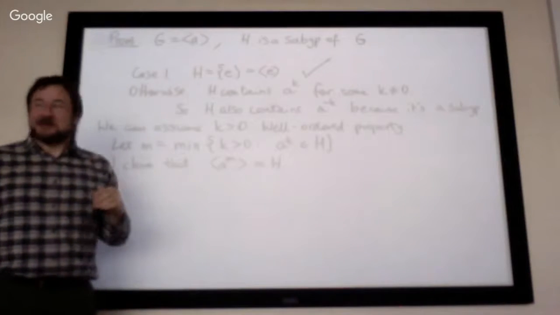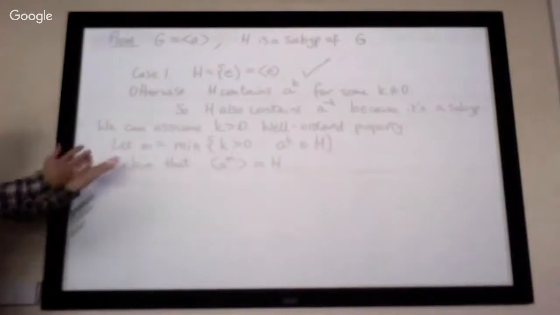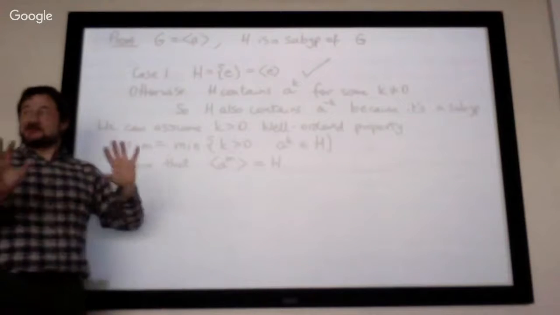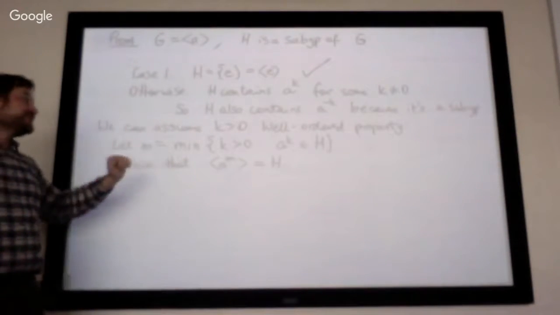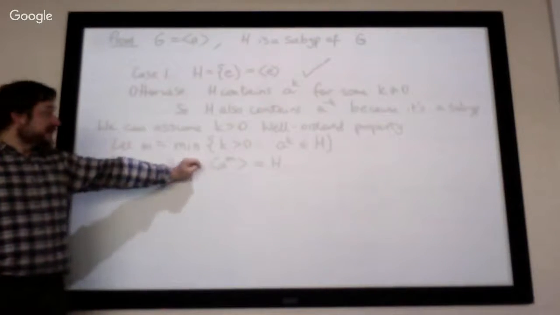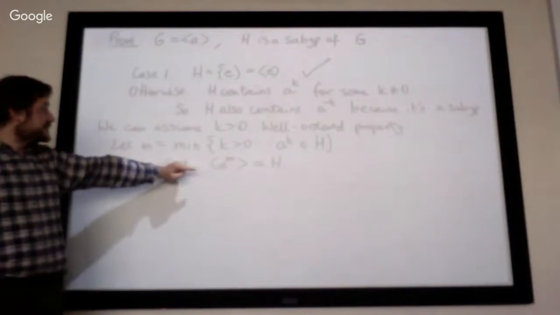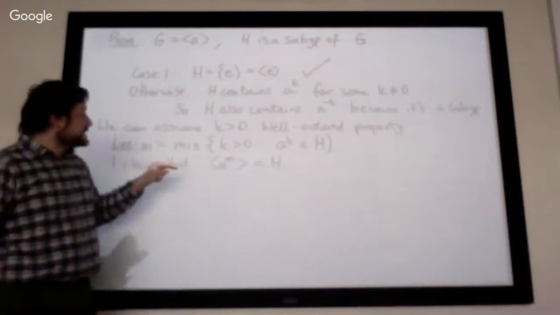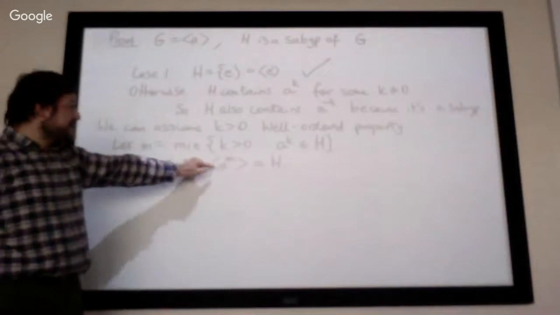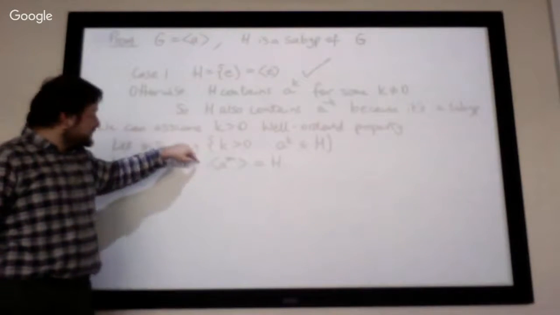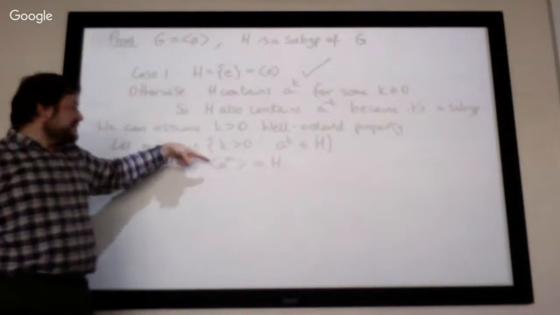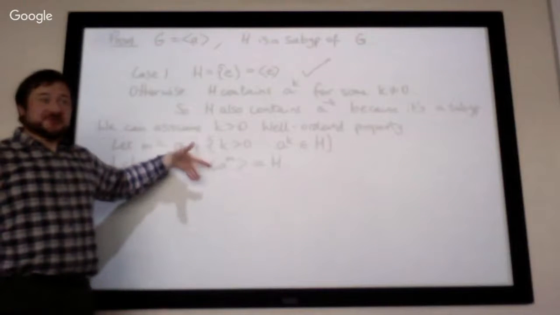Quite often, just like in this case, one of the inclusions is very simple. Because A to the m is in the subgroup H, everything generated by A to the m also has to be in H.